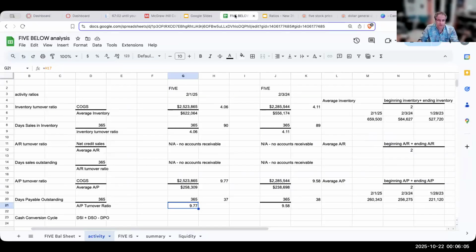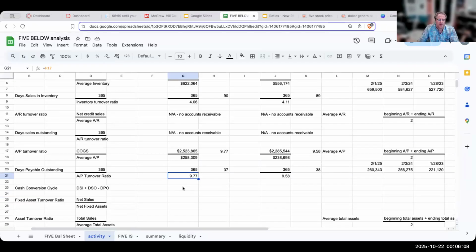So here for Five Below, this is going to be my days inventory outstanding plus my days sales outstanding. Over here, remember the DSO is not applicable. So this is going to be 90 plus 0 minus 37, or 53.